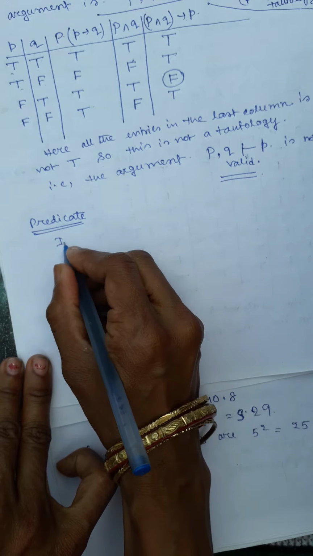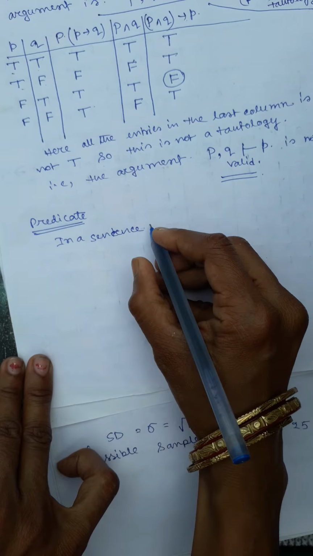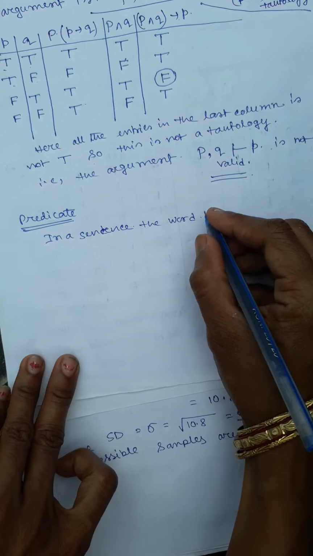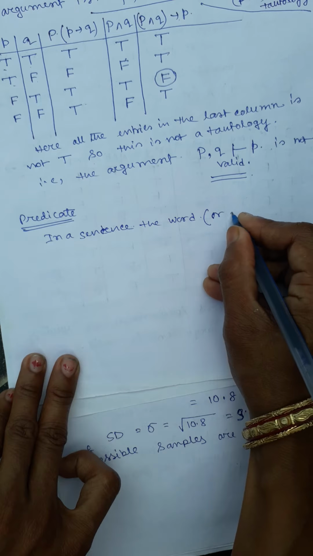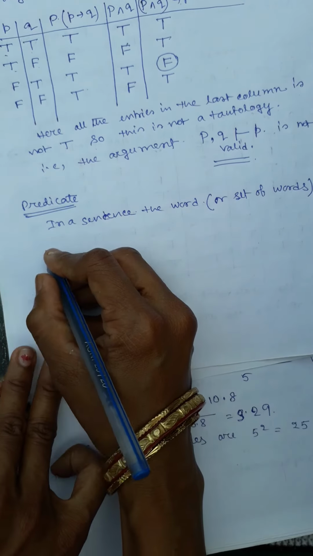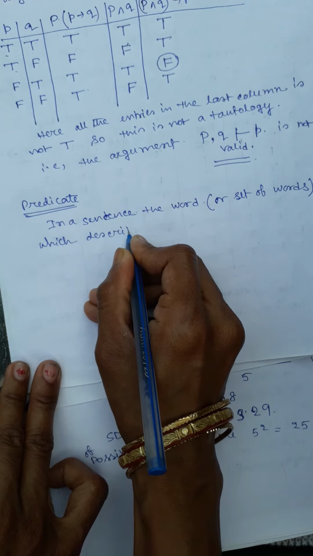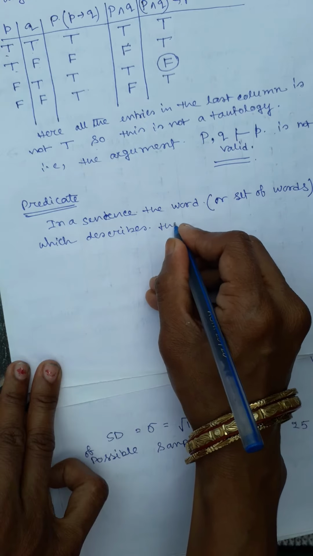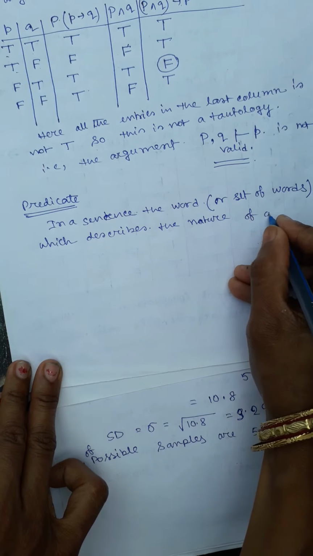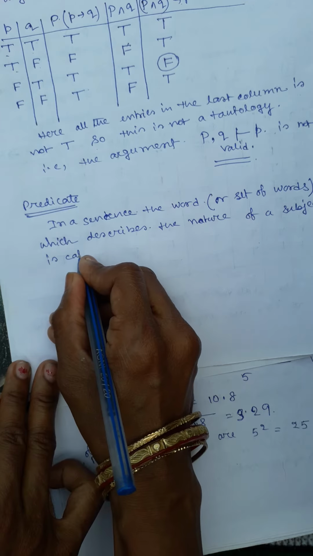Predicate means, in a sentence, the word or the set of words which describes the nature or properties of a subject is called a predicate.